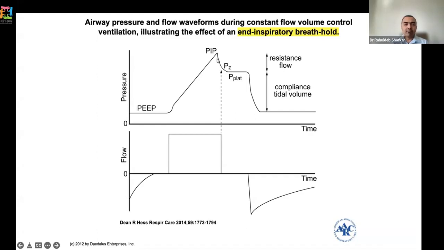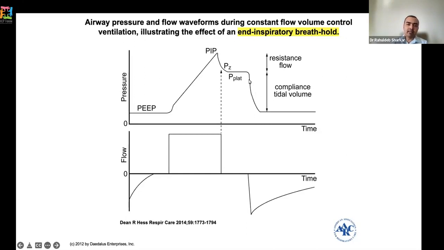And equally, if we hold the breath for more than 2 seconds and longer, then what might happen is, as we know, that not every lung segment gets filled with air equally. Different lung segments have different compliance and so on. So with a longer inspiratory breath hold, equilibration within the lung segments might happen, and there might be a pressure drop within the lung.